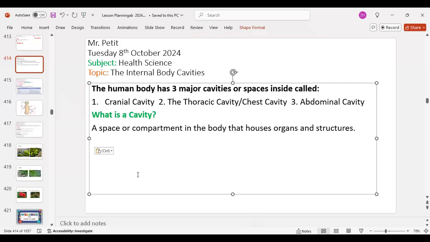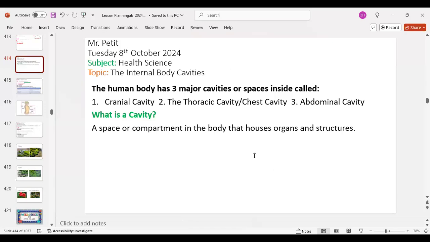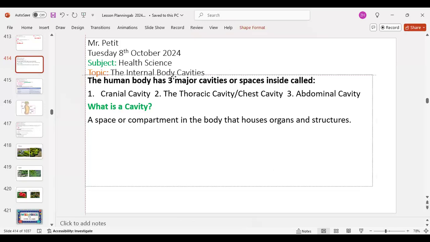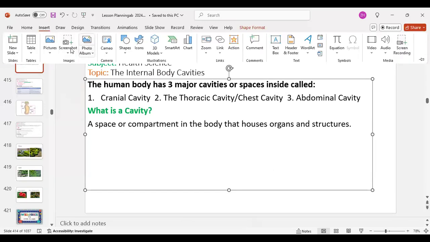Even though we mentioned these three major ones, there are other body cavities, but these are the three we mentioned for us to know. They're not the only ones. So let's talk about it. I'm gonna section it off. So draw this table for me.